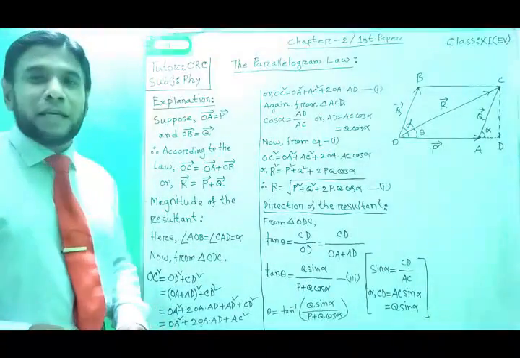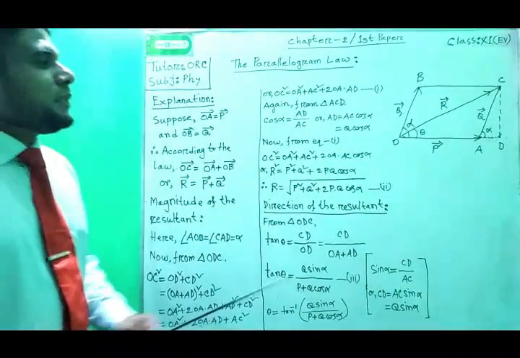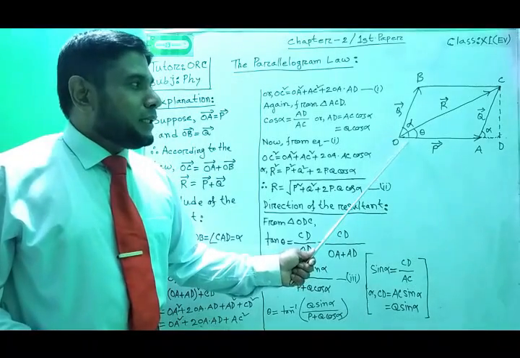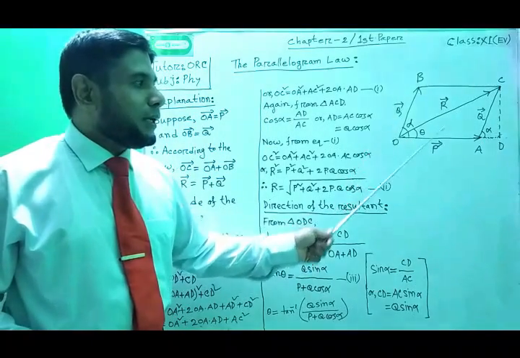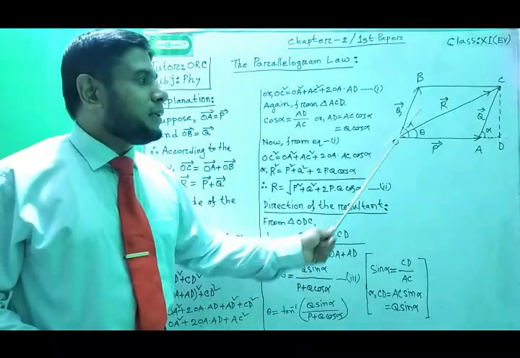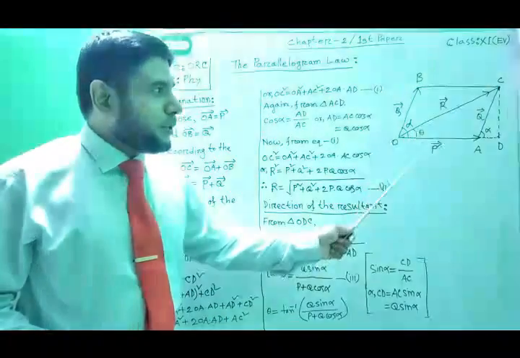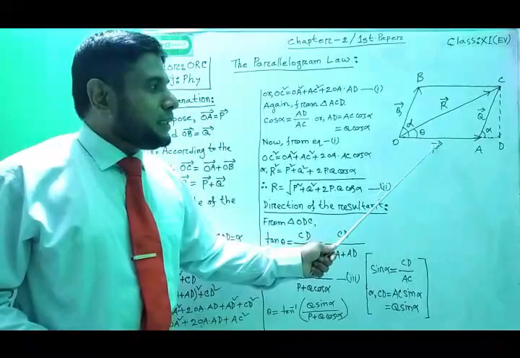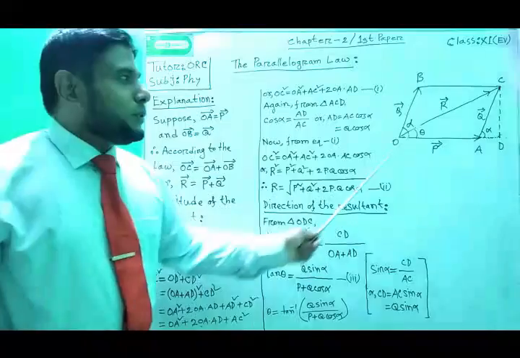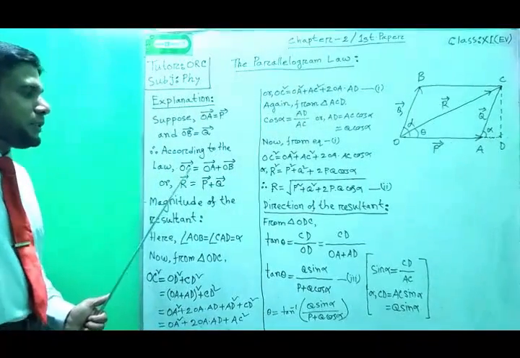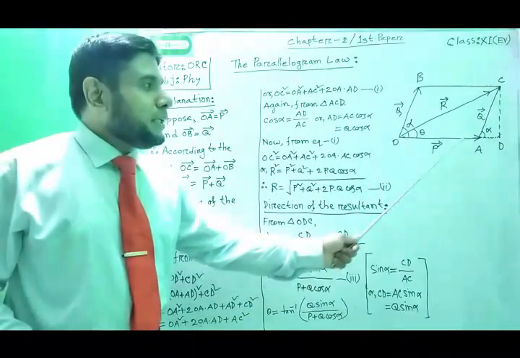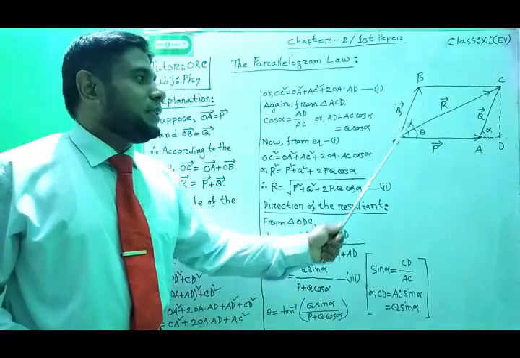Again, according to the parallelogram law, if two similar vectors act along the two adjacent sides of a parallelogram from a particular point, then the diagonal from that particular point will indicate the resultant or addition of those two vectors. So here the diagonal is OC.